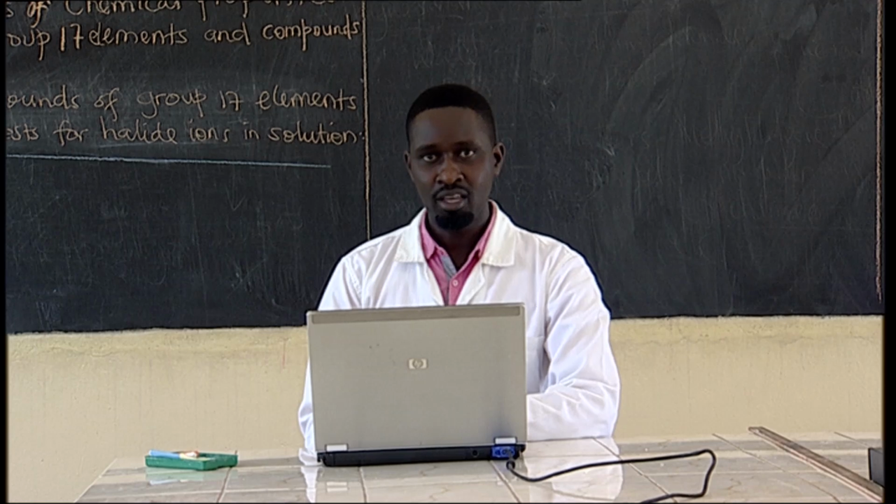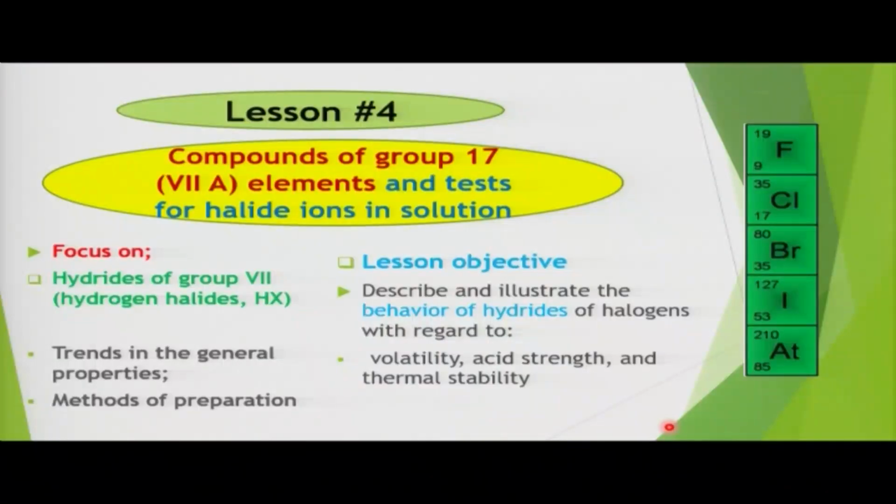So by the end of the lesson, you should be able to describe and illustrate the behavior of hydrides of group 7 elements in regard to volatility, that is in terms of change in the physical state, acid strength, and the thermostability.